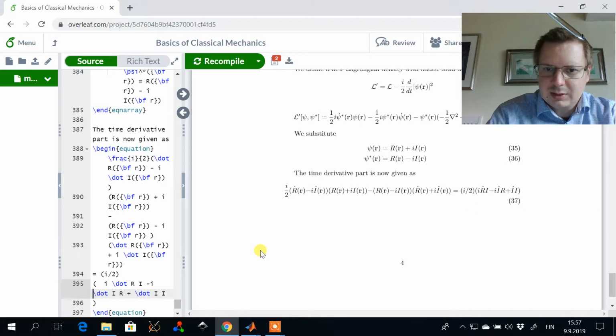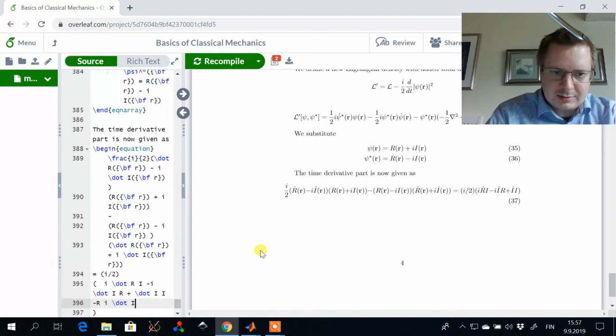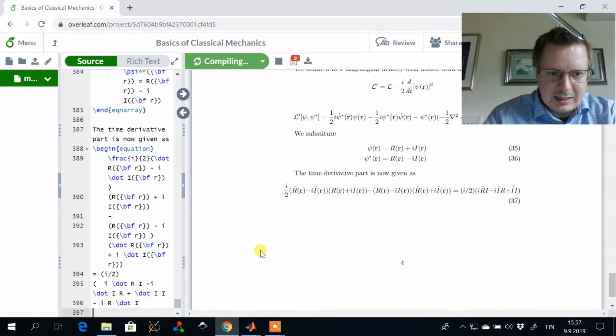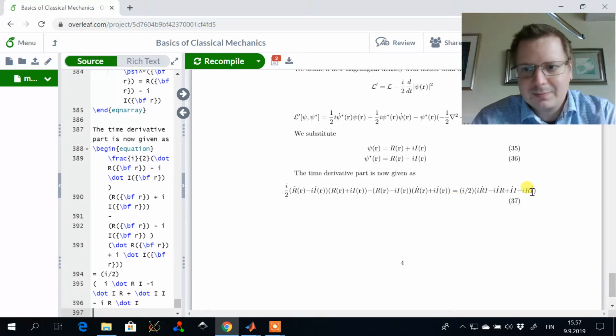So we will have minus r I dot I, and then we will have two more terms. Oh, it's exactly here. Okay.